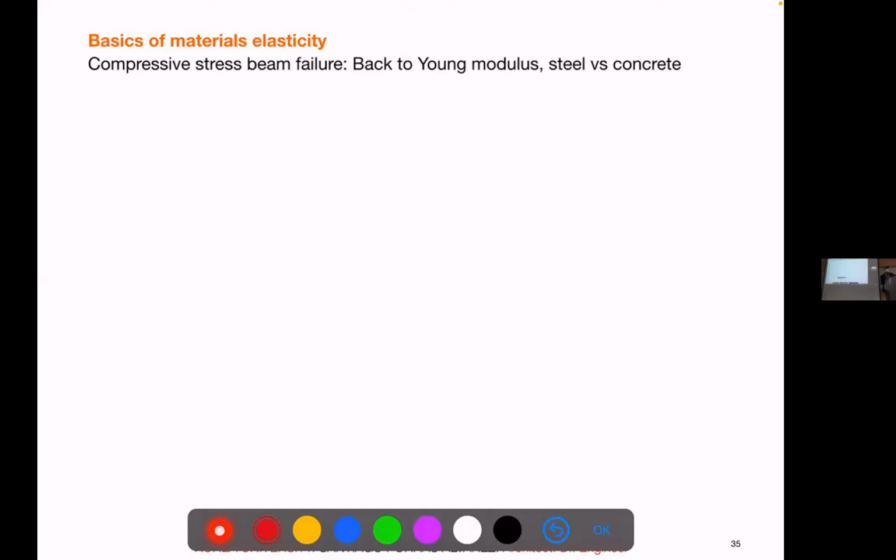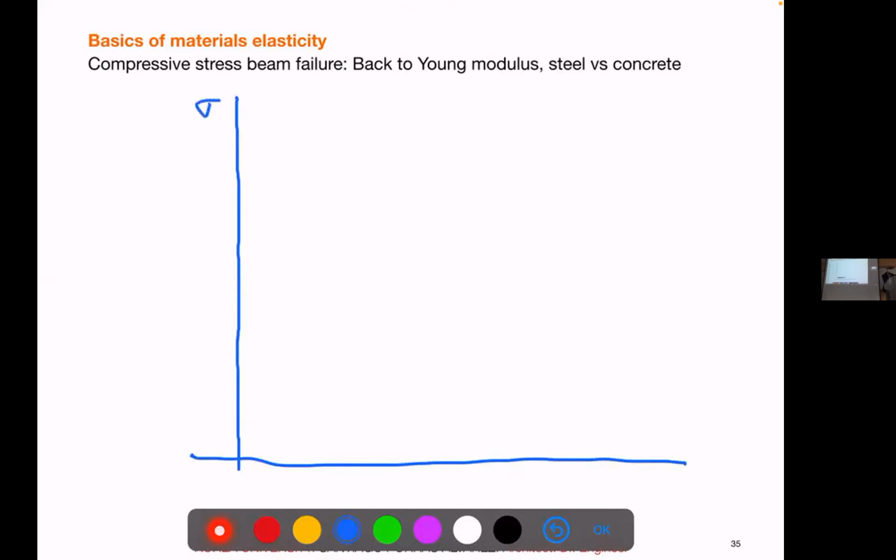So what happened in that compressive beam failure, the one we said over reinforced? So if we make again, maybe the last time we see the Young modulus graph. So we have stress, we have strain, right?